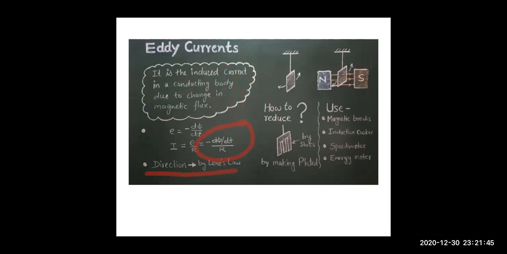Okay, children. Now let's see experimentally how this eddy current is produced. Here you can see in the first diagram, we have suspended a flat metallic plate. This is a metallic plate which we have tied with a thread to a rigid support. Now, what we are going to do is disturb this metal plate.